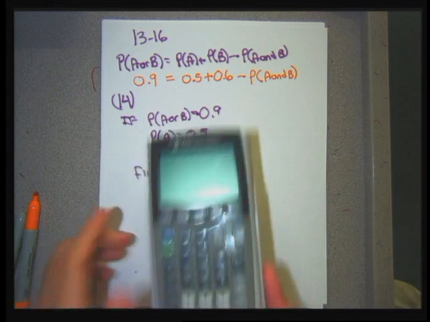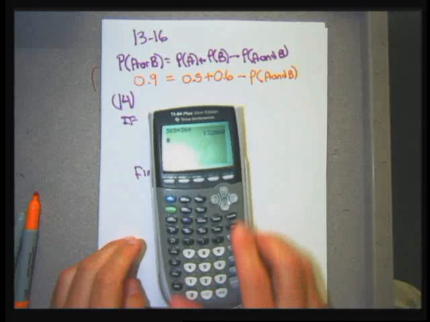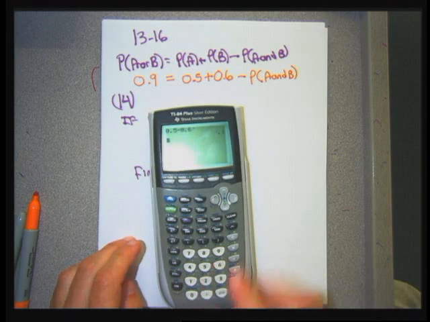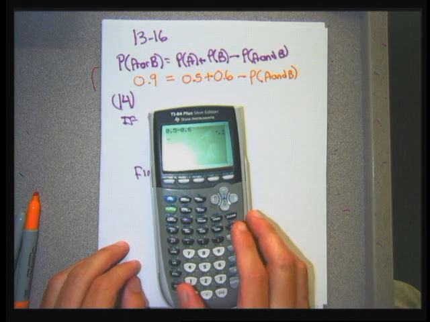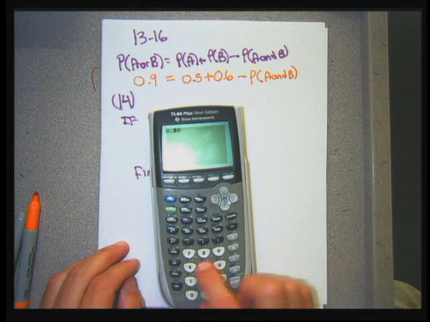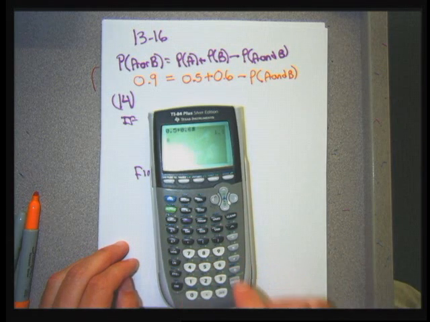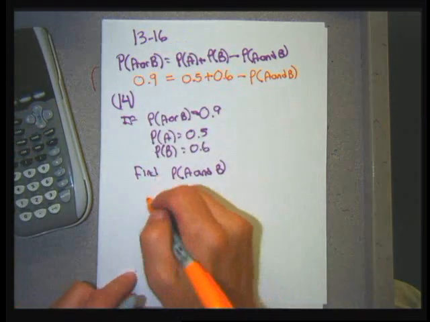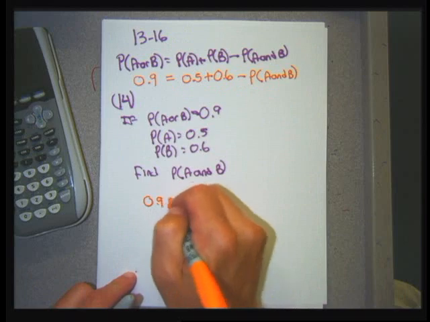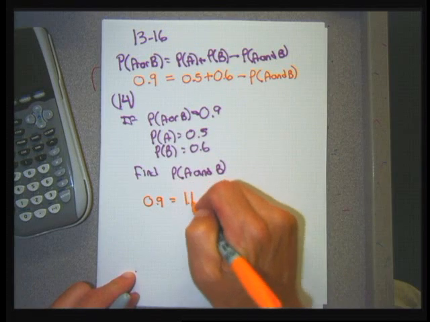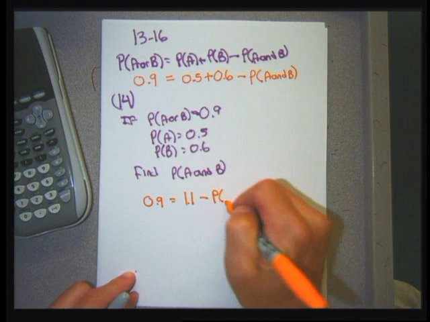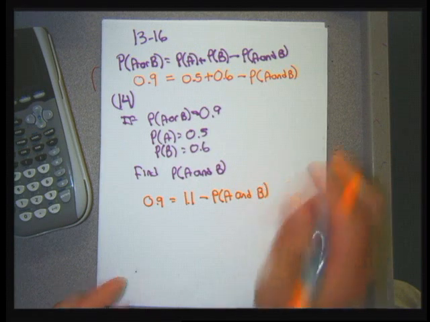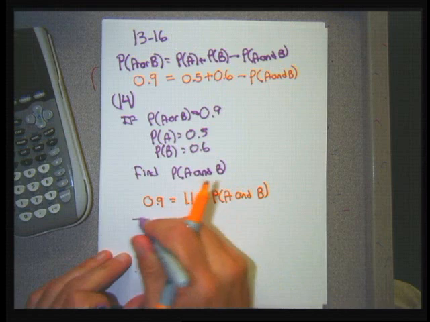I'm going to add those 2 numbers on the right side. So I'm going to go 0.5 plus 0.6, and I get 1.1. So the algebra, if I bring it down here a little bit, I get 0.9 equals 1.1 minus the probability of A and B. I'm going to subtract 1.1 from both sides.